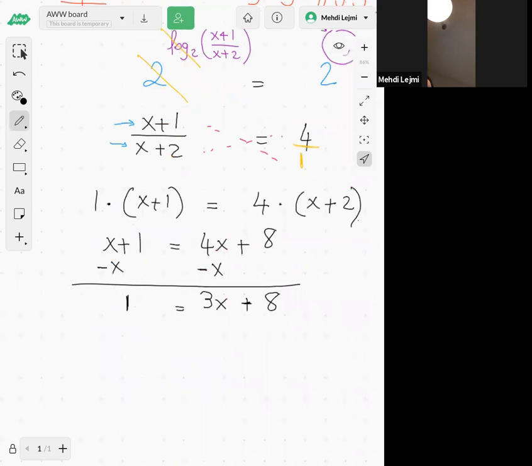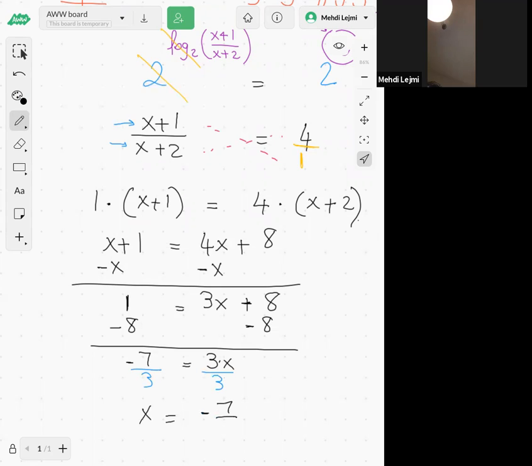We want to solve for x, right? So subtract this 8 from both sides. On the right side I'm going to have 3x, and on the left it's going to be -7. And now, the final thing to do, this is 3 times x. The opposite operation would be division, so we have to divide both sides by 3. And so the final answer would be x equal to -7 over 3.